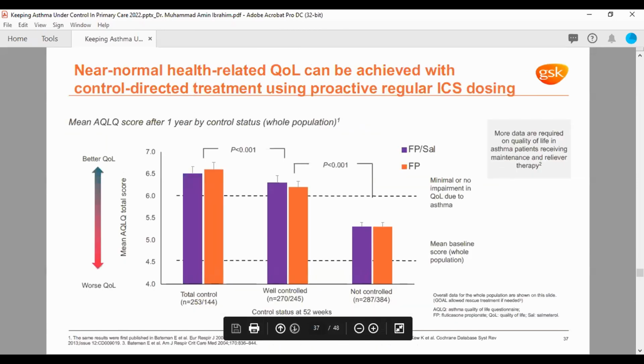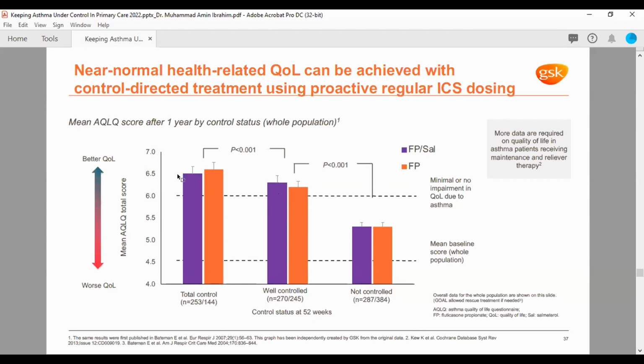So in this study, there are 2 arms, give ICS LABA combination and ICS alone. Both arms are given on regular basis. So if we give preventer either ICS LABA combination or ICS alone on regular basis, we can achieve good asthma control in majority of the patients.